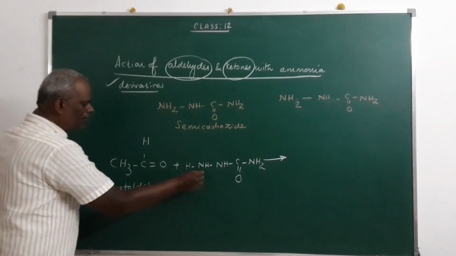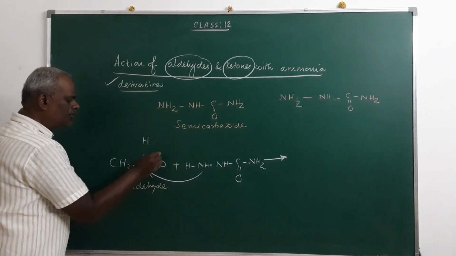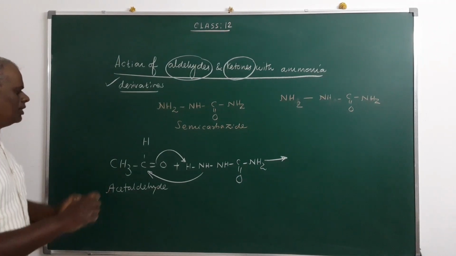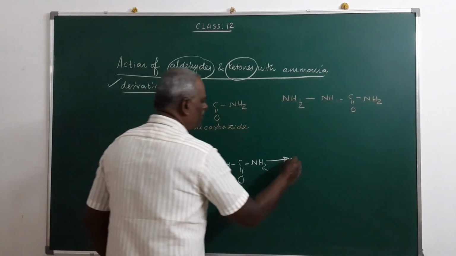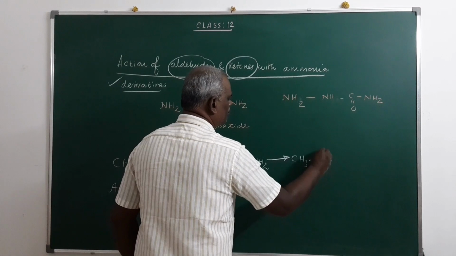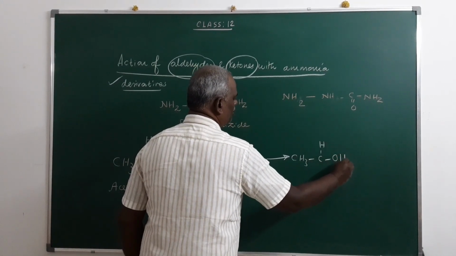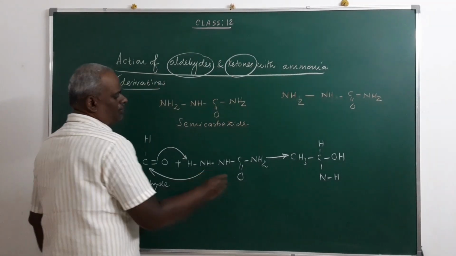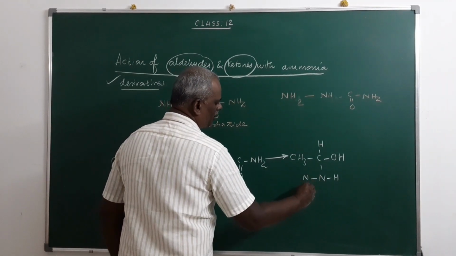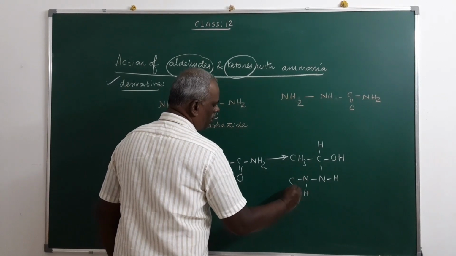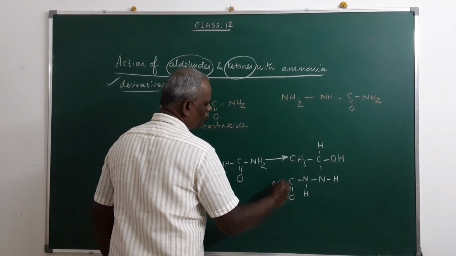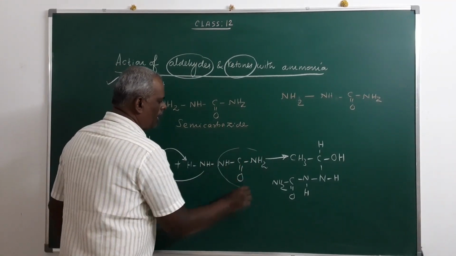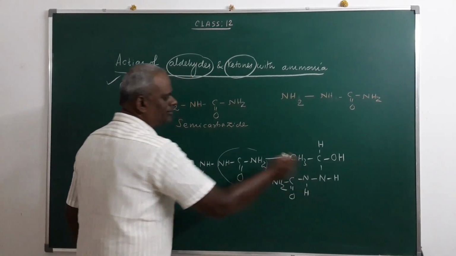The attack of nucleophile on the carbon, the oxygen gives electron to this hydrogen. Protonation takes place. Execute the change and find a product here. Here I can write CH3CHOH. Here I will be writing it as NH. Just see this NH, and NH, it is going to be bonded with C double bond O NH2. This part is highlighted in the product side.